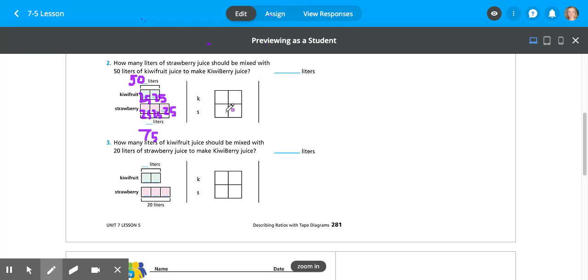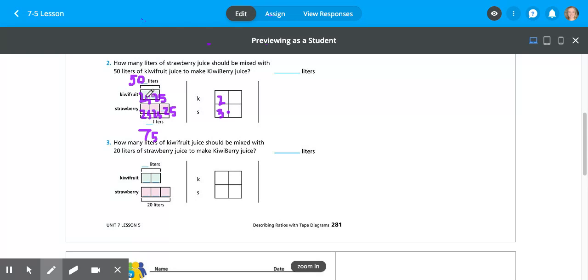Okay, so now we're going to fill in our factor puzzle. So it says how many liters of strawberry juice should be mixed with 50 liters of kiwi fruit juice to make a kiwi berry juice. So we know there are 2 there and there's 3 pieces here. So we're counting how many pieces are in our tape diagrams. There's 2 for kiwi fruit and 3 for strawberry.